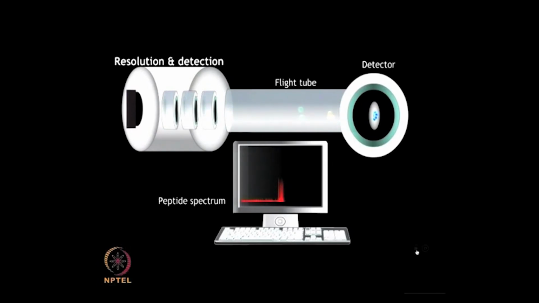These ions are resolved and detected on the basis of their mass to charge ratio, and a mass spectrum is generated. Parameters such as geometric design, power supply quality, calibration method, sample morphology, ion beam velocity, etc., all of these factors affect the accuracy of mass detection.